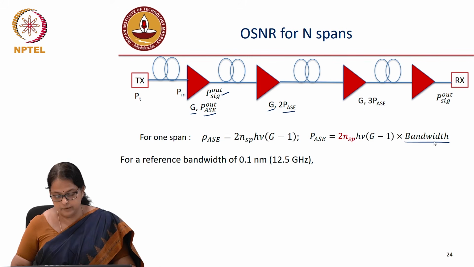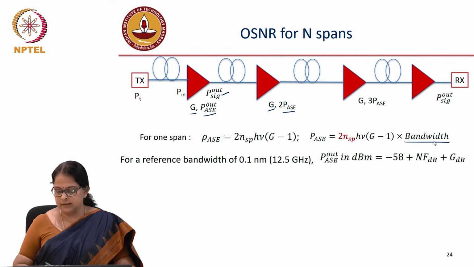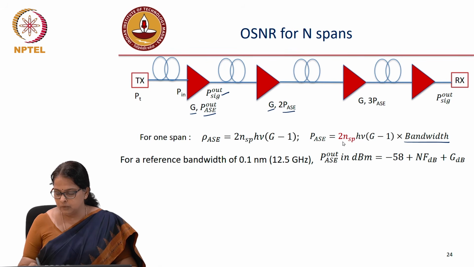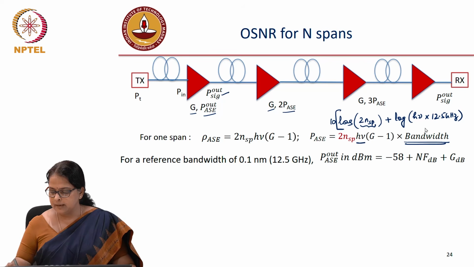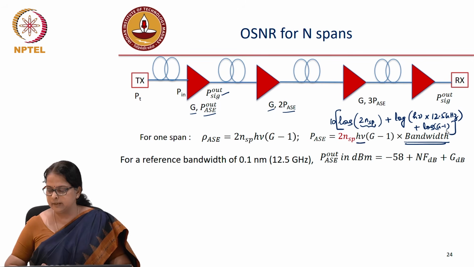Now for a reference bandwidth of 12.5 gigahertz, if I want to do this in dBm scale, I'll take 10 log of 2 nsp, and 2 nsp is nothing but the noise figure, plus log of h nu times 12.5 gigahertz, plus log of G minus 1. That is what is simplified here.